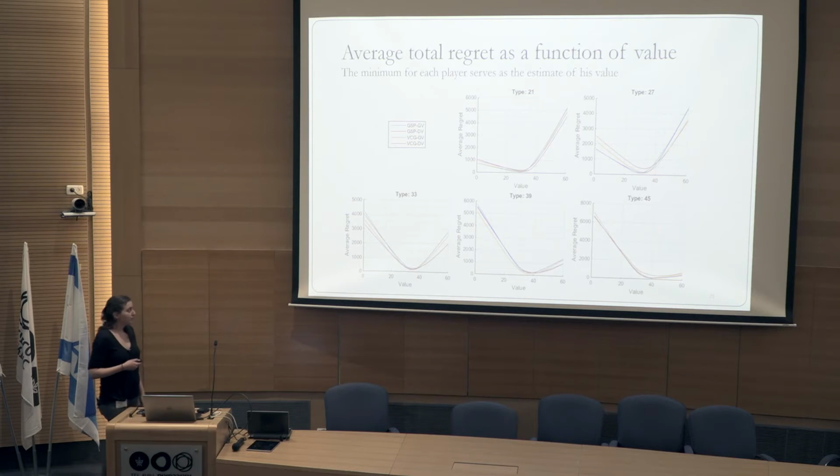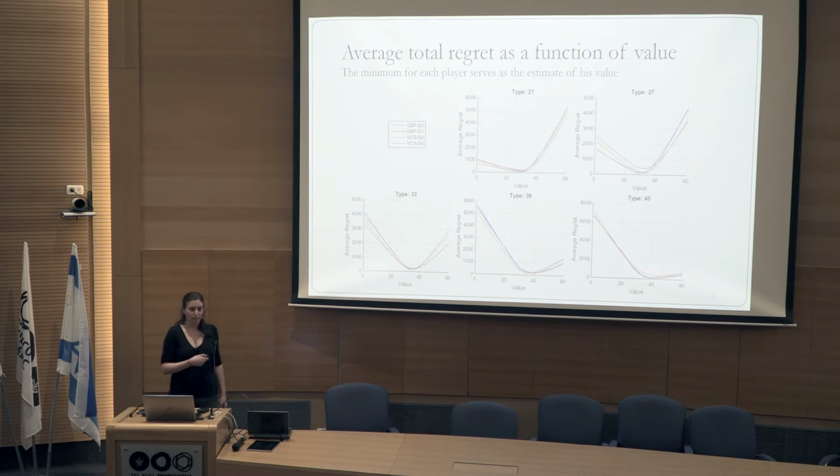So, for example, if we look at type 33, you can see that the minimum is really obtained around where we would like it to be, around the true value 33. But for type 21, you can see that the minimum is obtained too high. We would like it to be here, but it seems that a method that relies on this minimal point is going to overestimate values of players of this type.